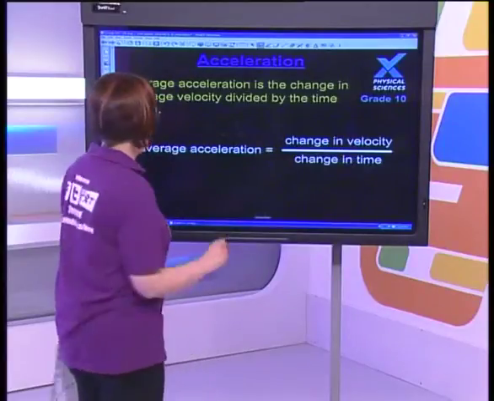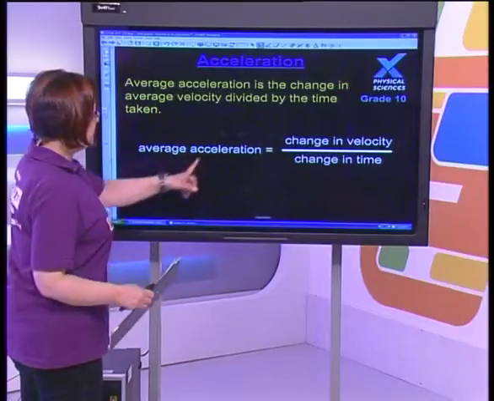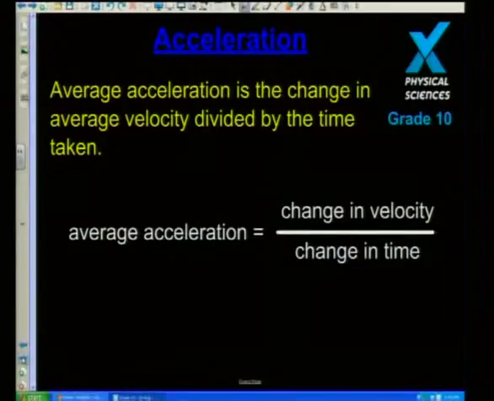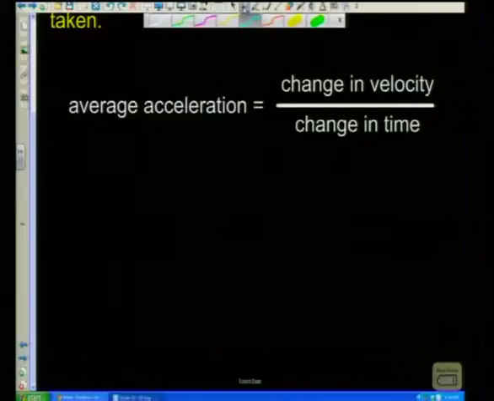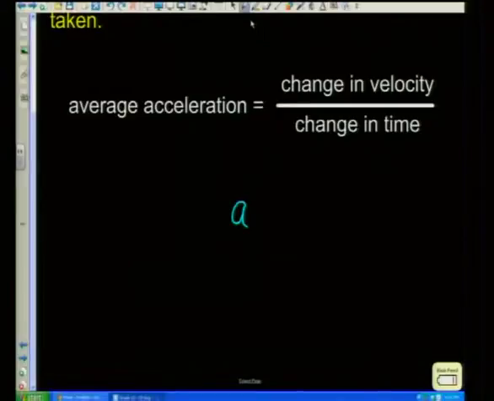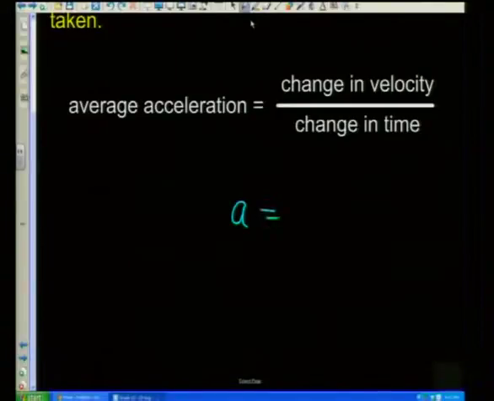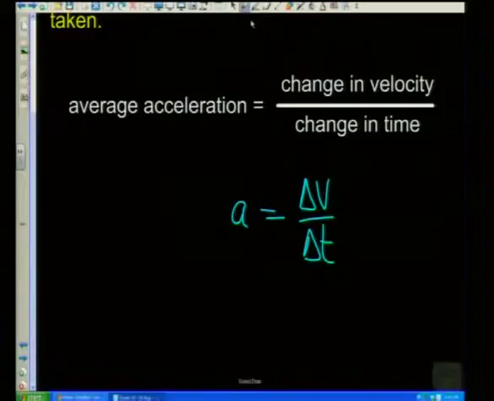No, it's not. Okay, so if we look at the equation, average acceleration is change in velocity over change in time. Acceleration, which I'm hoping you all remember, has the symbol little a. So now what we're looking at is change in velocity, delta v over delta t.